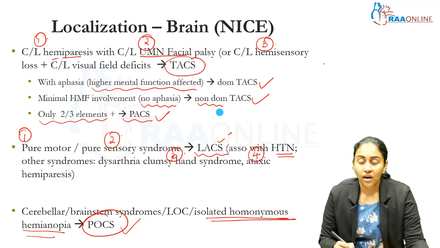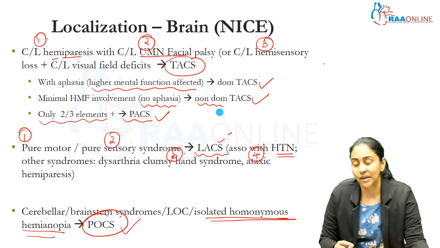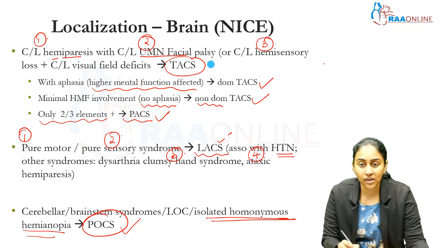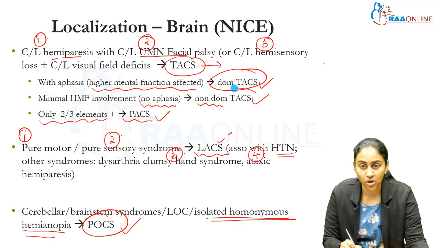If your patient has hemiparesis, hemisensory loss, upper motor neuron facial palsy, all on the same side, plus or minus visual field deficits, very likely you are dealing with a total anterior circulation stroke. So, look for higher mental functions and aphasia. If higher mental functions are significantly affected and there is aphasia, it is going to be a dominant TACS. If these are missing, it is going to be a non-dominant TACS.